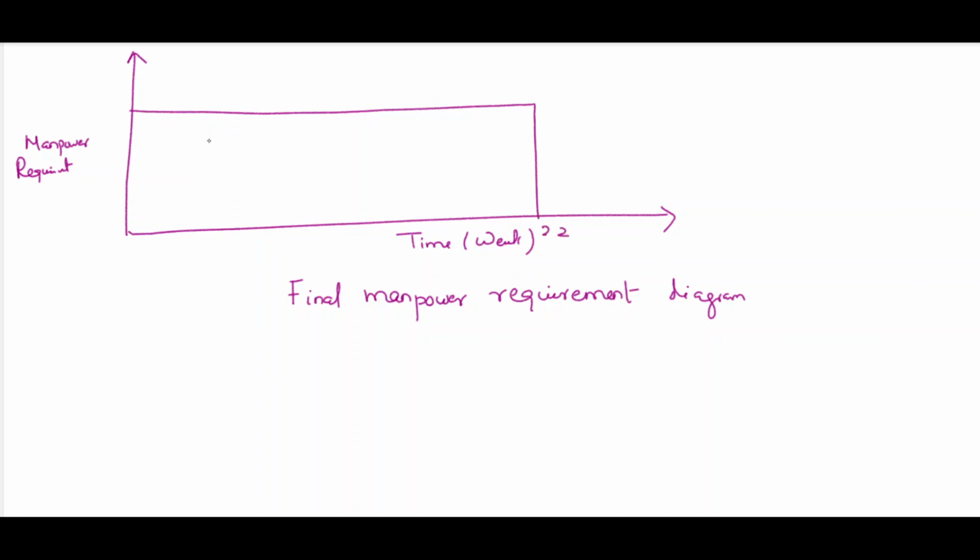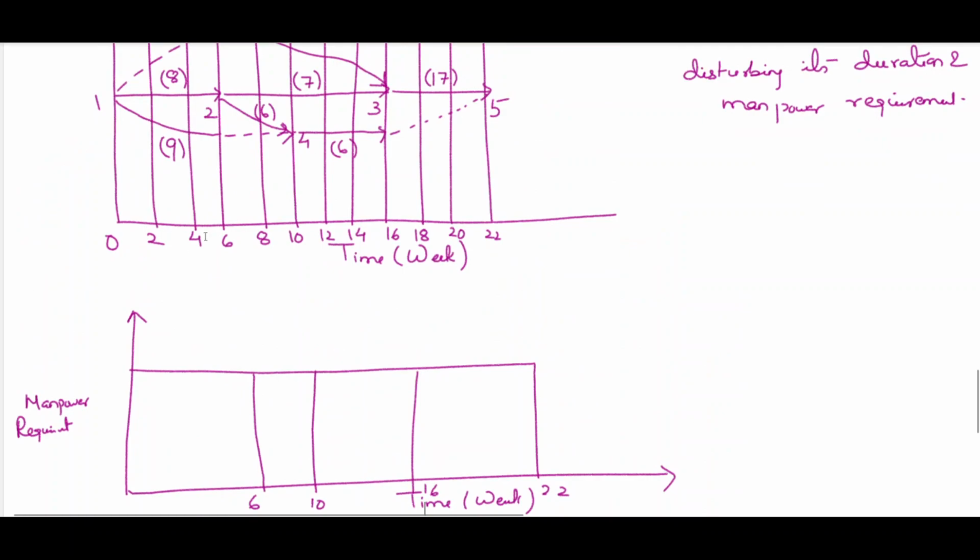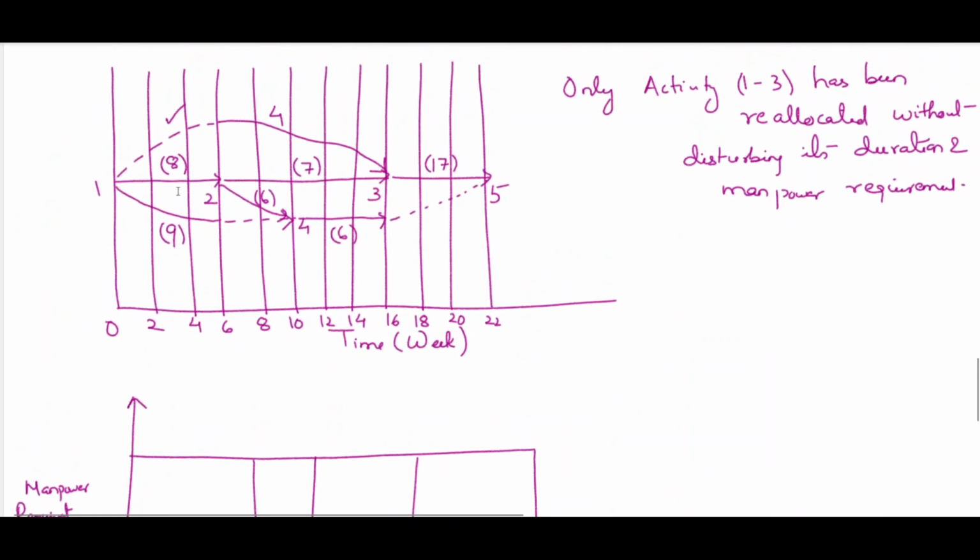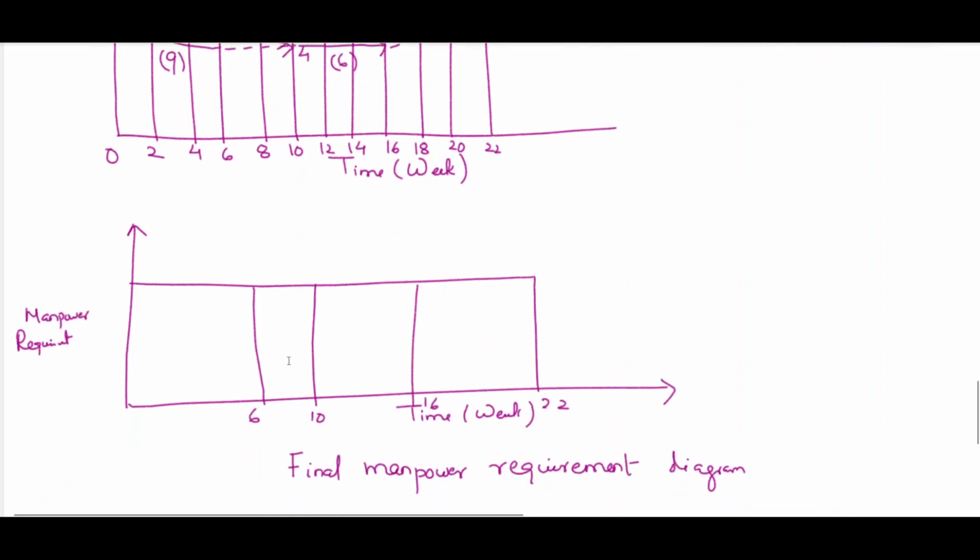We can see the zones are 6, 10, 16 and 22. You can see that from 0 to 6, what is the manpower requirement? 8 plus 9 only. It is 17, you can see.